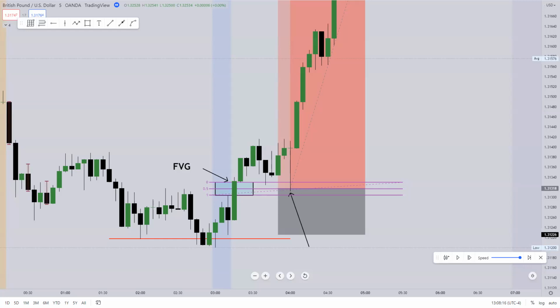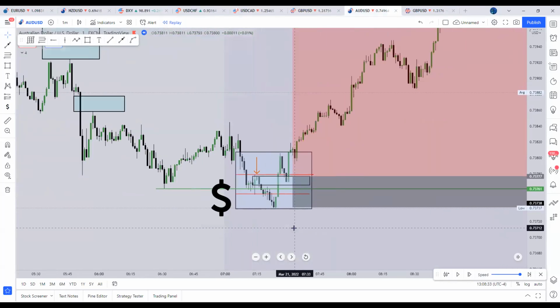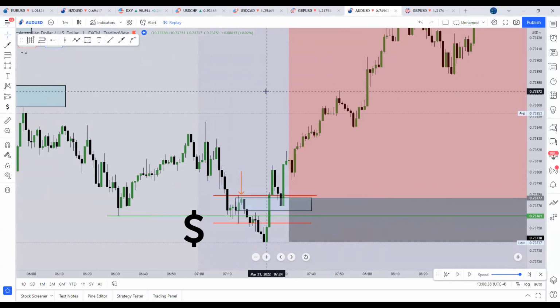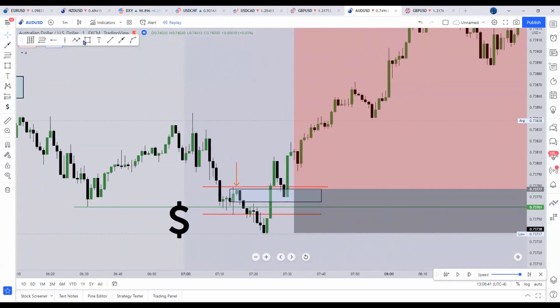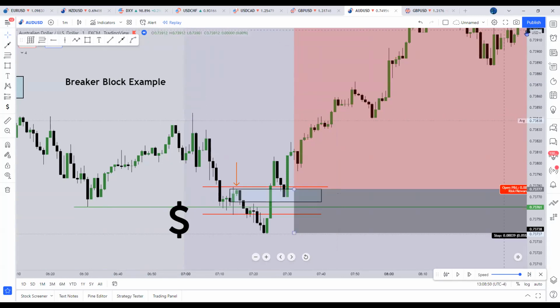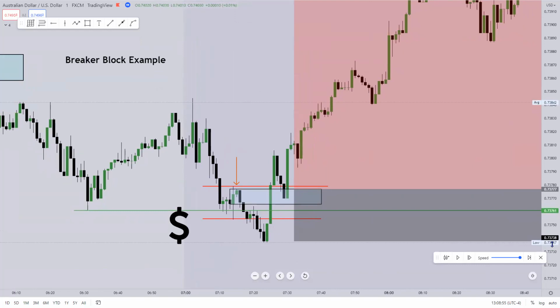Okay. All right. So everybody should have these points. Oh yeah, take an example of a breaker block. Hold on. Here you go. Take your screenshots.